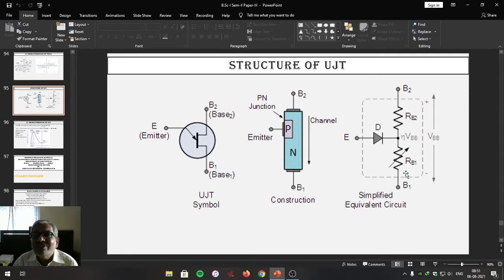We can change its resistance by applying the power supplies to emitter and B1, and also B2 and B1. The net resistance between B2 and B1 is represented as RB1 plus RB2.